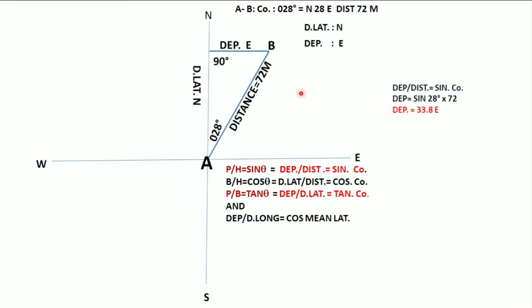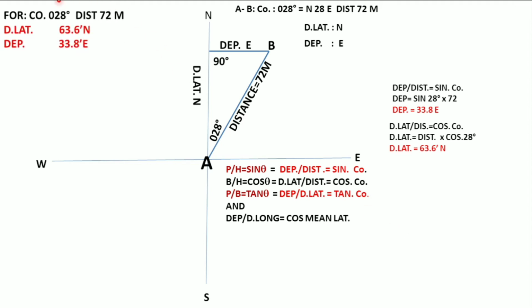So using trigonometrical functions, I found out my departure to be 33.8. Similarly, I found out my D.LAT as 63.6 for the course of 028 degrees, which is north 28 degrees east. So this is my D.LAT and departure for course 028 and distance of 72 miles.